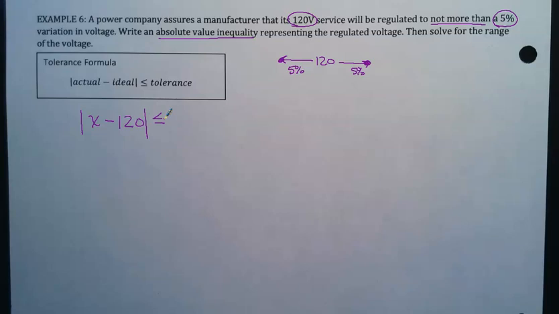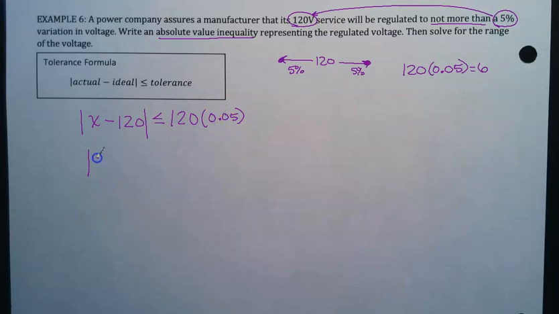We also have to think it's 5% of this number. So you can go ahead and do that multiplication and do 5% of 120 if you want, which would equal 6. Or you could write the formula here, 5% of 120, in the equation, or you could say the absolute value of x minus 120 is less than or equal to 6. Either one is perfectly fine. I would take either of those.